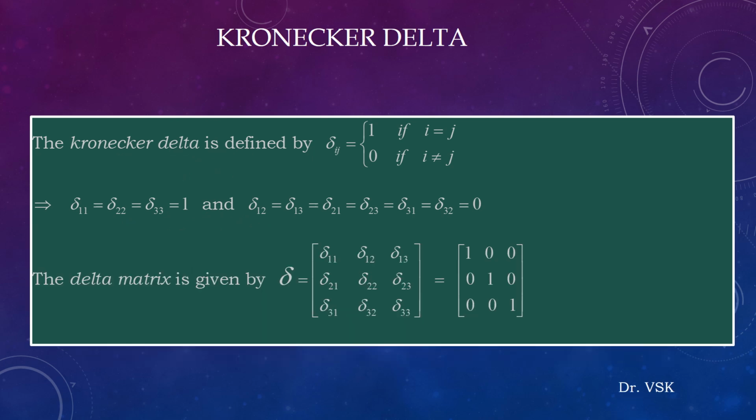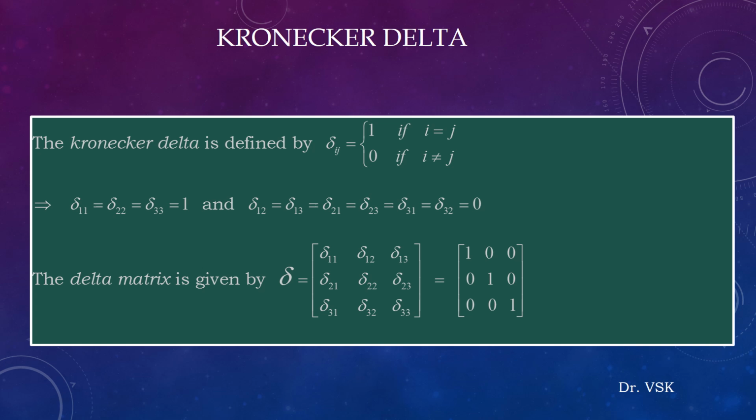Here comes our first tool, the Kronecker delta. The Kronecker delta is defined by delta suffix ij equals 1 if i equals j. Delta ij equals 0 if i is not equal to j.